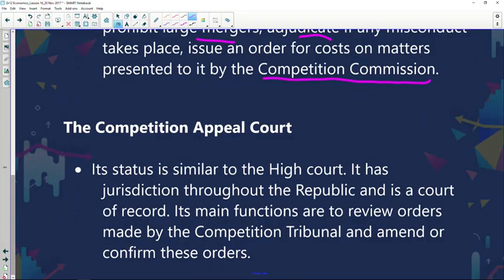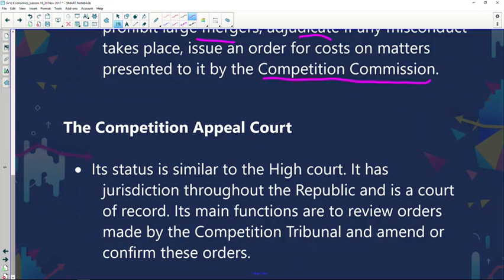And then moving on to our next institution, we've got the Competition Appeal Court. We know that we work on a very good constitution in our country: if you are not happy with a decision that was made, you've got another platform that you can approach in order to appeal the decision or the judgment that was passed.